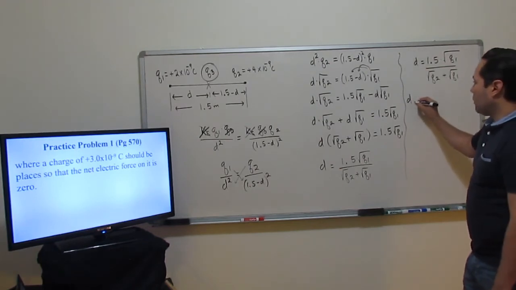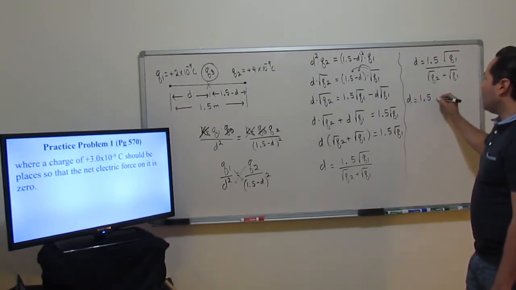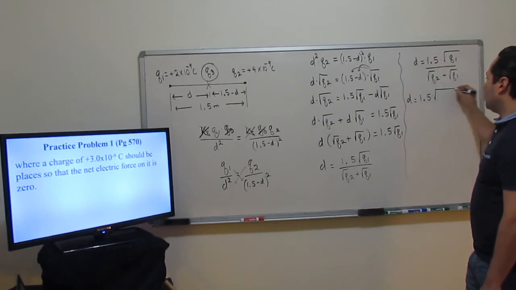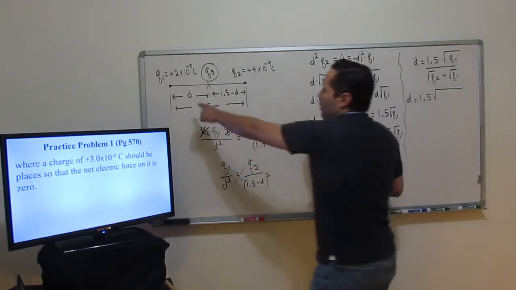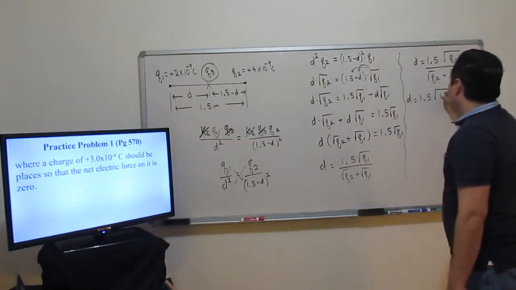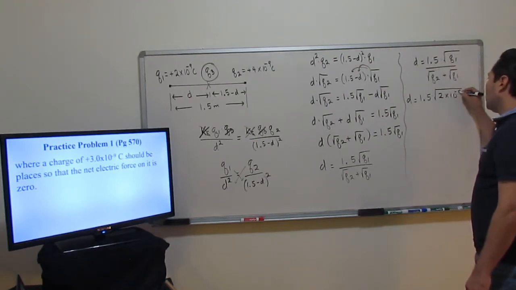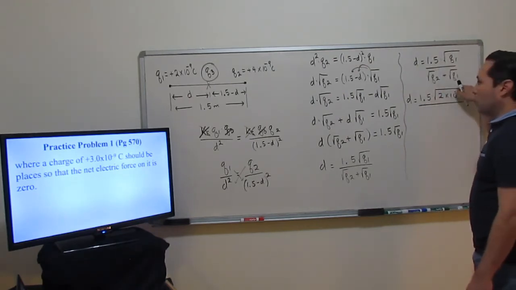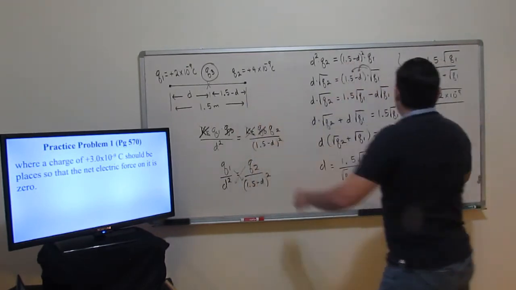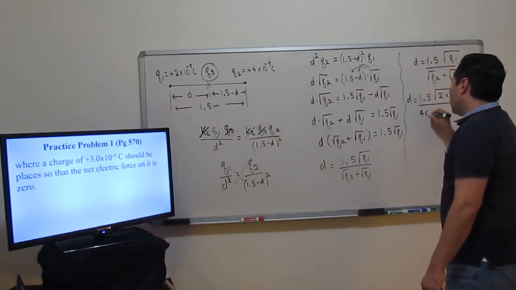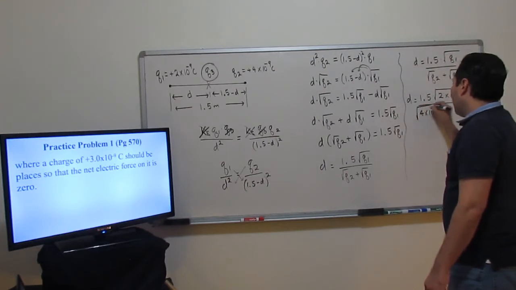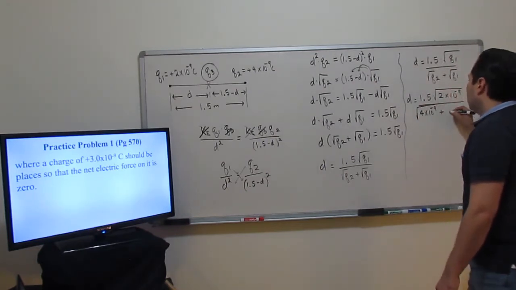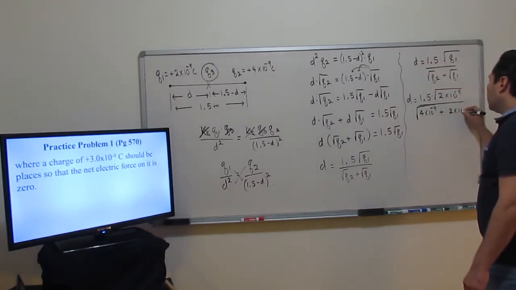Alright, substitute the values in. 1.5 multiplied times the square root of Q1. Q1 is 2 times 10 to the negative 9, over square root of Q2, which is 4 times 10 to the negative 9, plus square root of 2 times 10 to the negative 9.